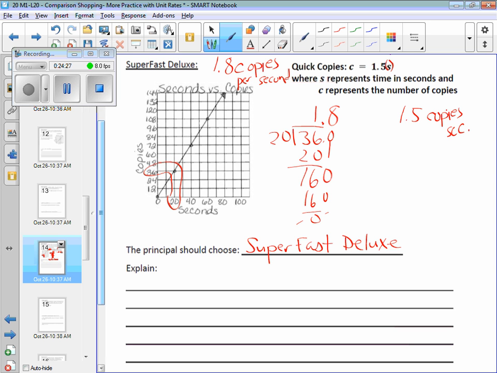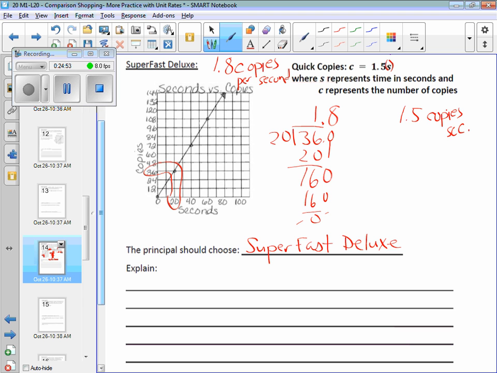All right, let's take a look and see. All right, so what she did, oh, I kind of like that way. Here's what she did. Did you do that all by yourself? Got some help? That's okay. All right, watch. We take the 20 seconds, and it makes 36 copies in 20 seconds.